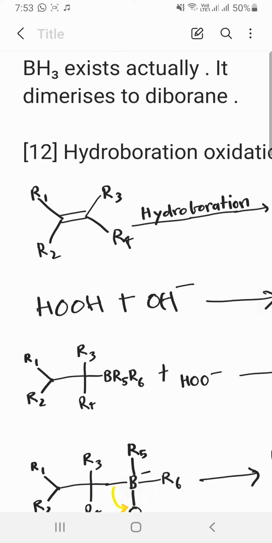So wherever you have this kind of negative charge develop, that's where your boron will add, basically. Wherever it has that extra charge density. That looks about right.